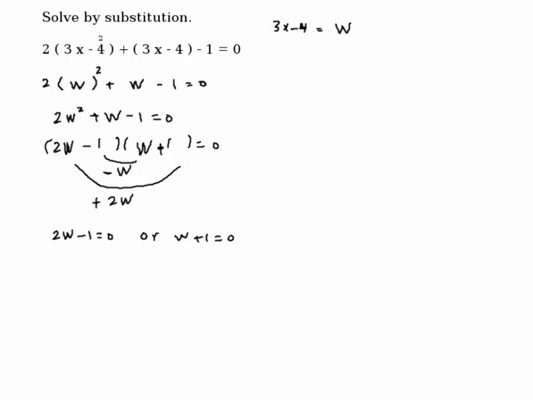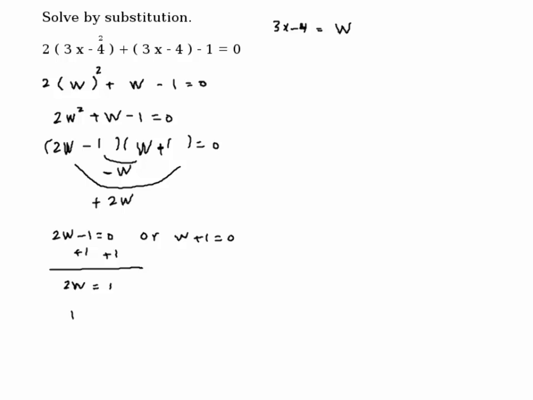Yes. Okay, can you tell me, Jennifer, how do you solve for w on the left-hand side? If I have 2w minus 1 is equal to 0, what would be w then? What do you have to do? We can add 1 to both sides of the equation, right? You get 2w is equal to 1, right?